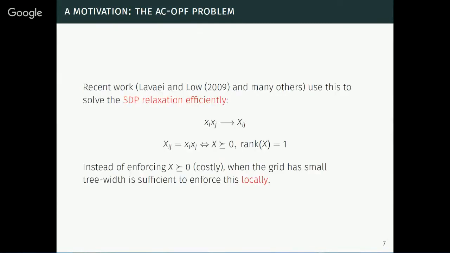And some people have already started doing stuff with the small tree width in this problem, which is using this sparsity in the SDP relaxation. Just in case you're not familiar with the SDP relaxation, what you do is when you have bilinear terms, you replace them with a new variable, and having this equality right here, of this new variable being the product of two variables, is equivalent to having positive semi-definiteness and rank 1.